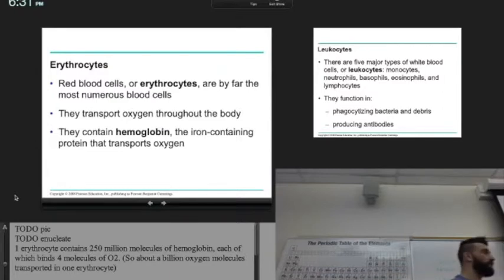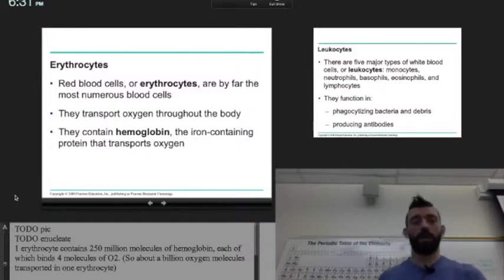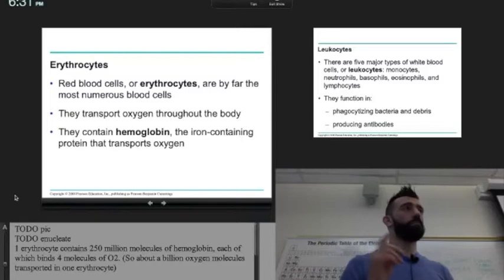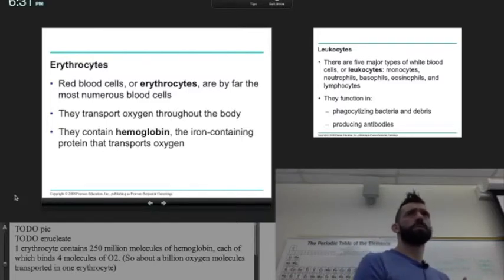And we know from previous courses that hemoglobin has a high affinity for oxygen. And that affinity changes based on cooperativity. Does anybody remember cooperativity? What's that about? Cooperativity.